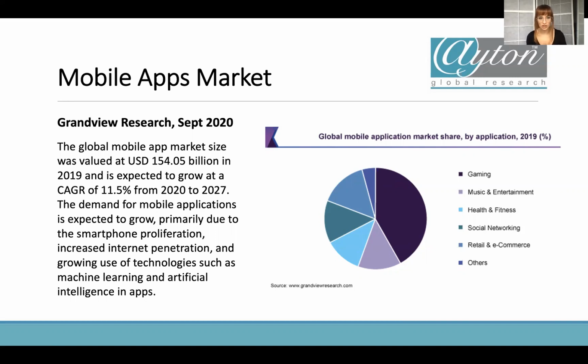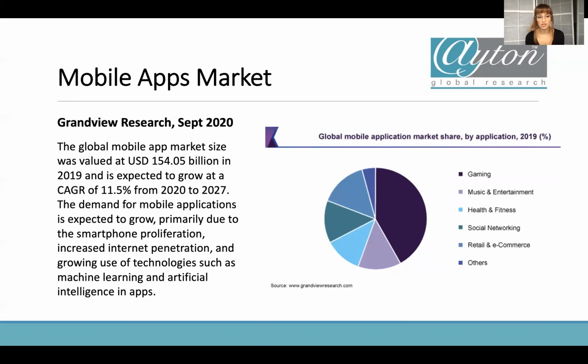Grand View Research have said that the global mobile app market size was valued at $154 billion in 2019 and is expected to have a compound annual growth rate of 11.5% from 2020 to 2027. That is a huge growth rate. So not only are they popular now, but it will continue to grow and grow and grow.